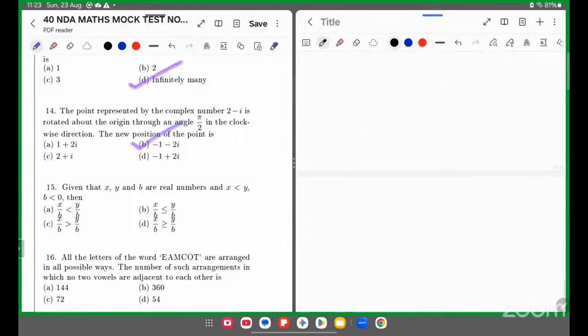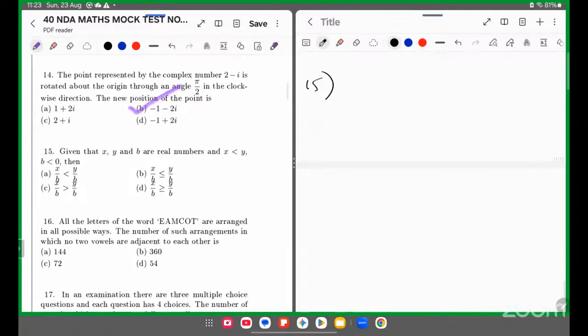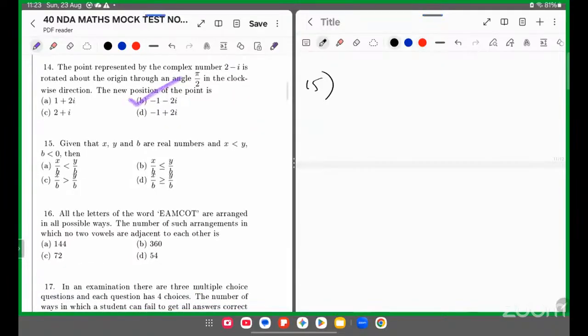Question number 15. Given that x, y, b are real numbers and x less than y, b less than 0. So x less than y.